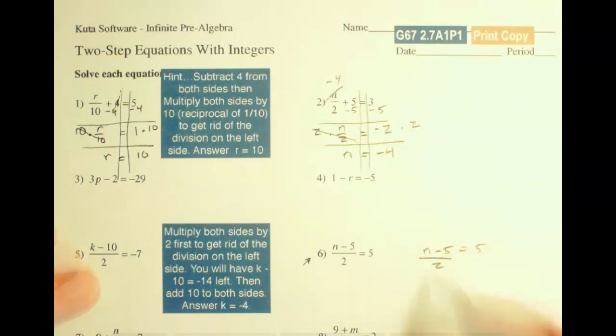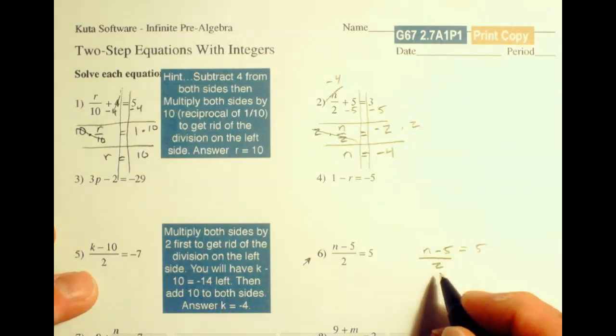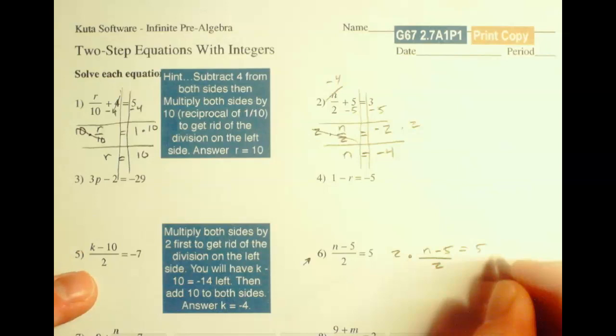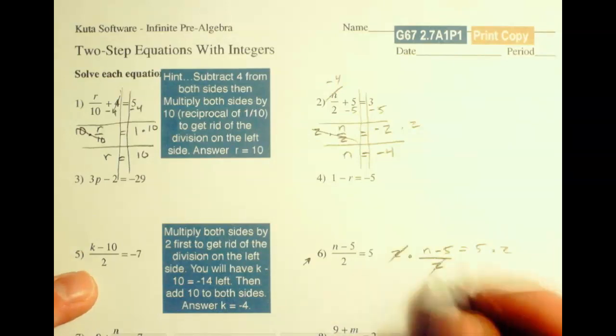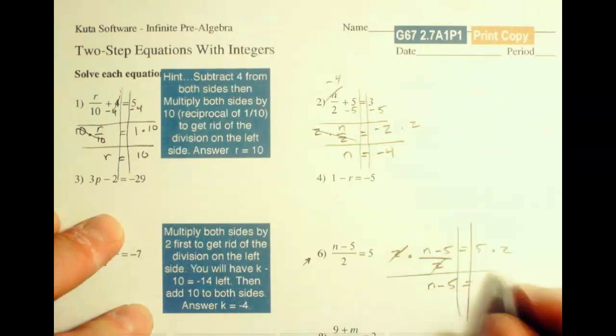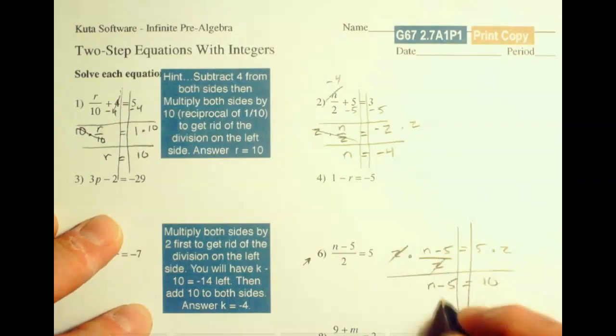The opposite of dividing by 2 is multiplying by 2. So we're going to multiply both of these sides by 2. Now these cross off. Now you're left with n minus 5 equals 10. So now I can add 5 to both sides. And I've got n equals 15.